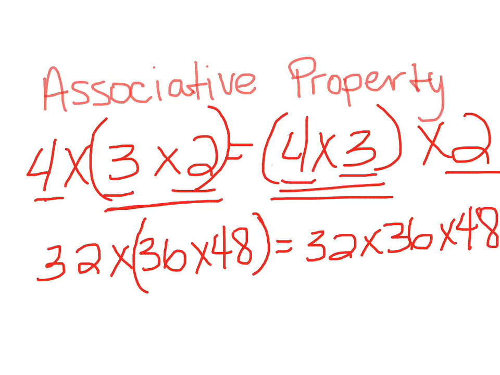And in the second one, 32 and 36 are in parentheses. This is the associative property because the numbers stayed in the same order. The only thing that changed was my association or grouping. Okay, so associative property is just changing the placement of the parentheses.